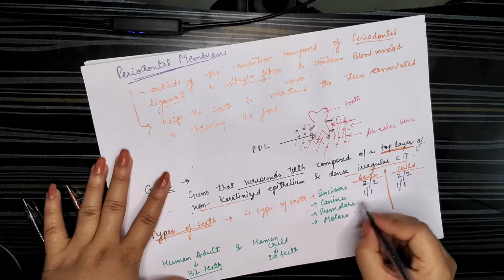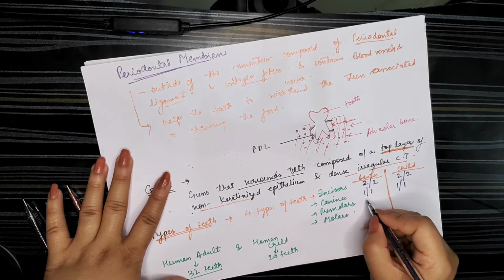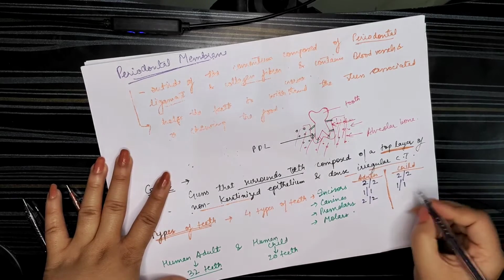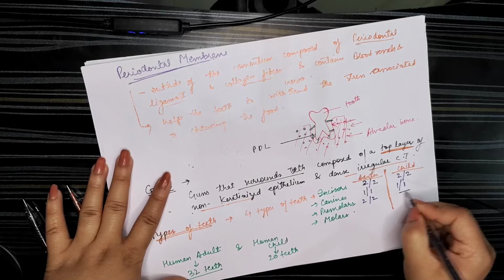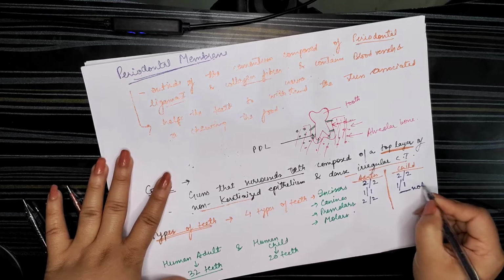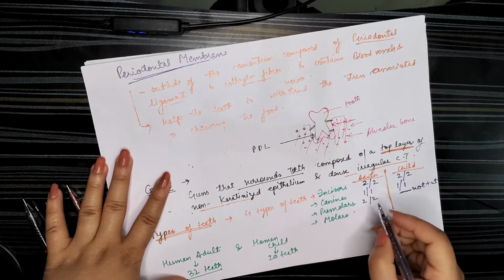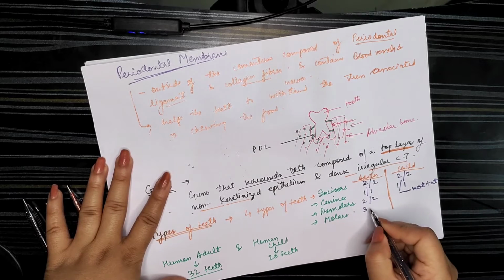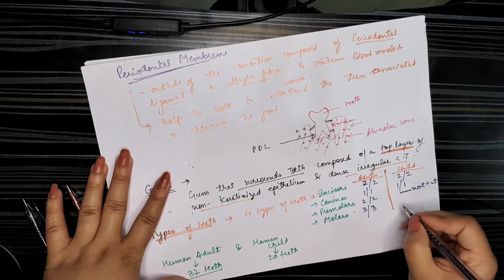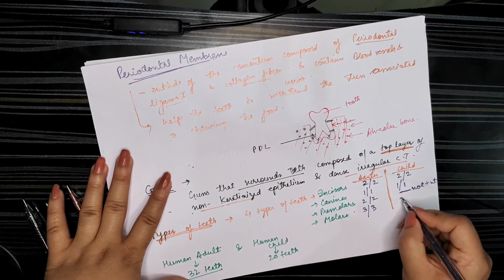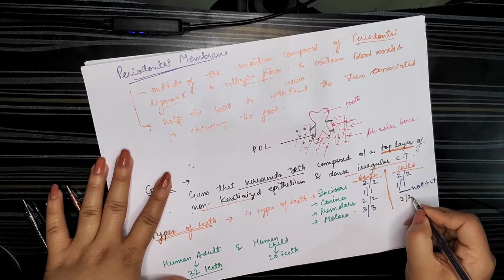For adults, premolars, 2 in maxilla, 2 in mandible, and in child there is no premolar. For adults, there are 3 molars in maxilla and 3 in mandible, and for child, 2 molars in maxilla and 2 in mandible.